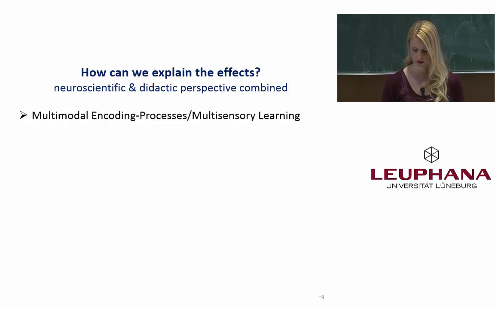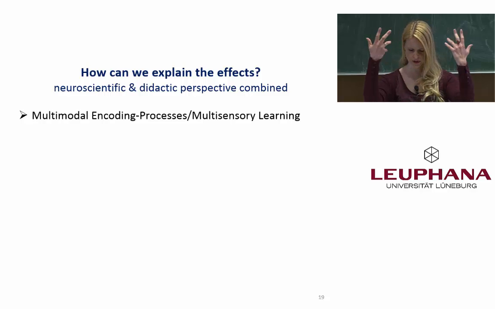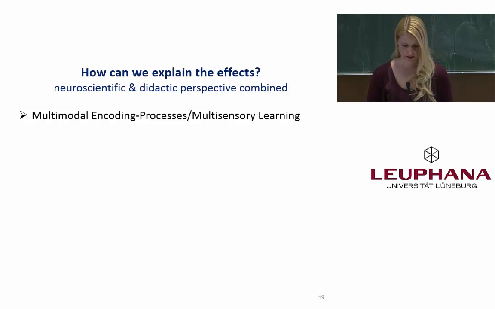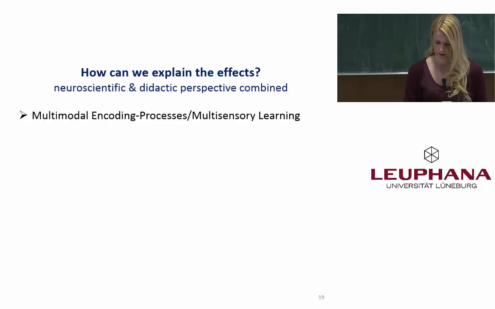Note that learning consists of two complementary parts or processes. First, the encoding process, which means the confrontation with new knowledge and skills, the intake phase, and second, the aforementioned consolidation phase, the sorting out, the transferring from limited brain structures to larger brain structures. I'll come back to this later.